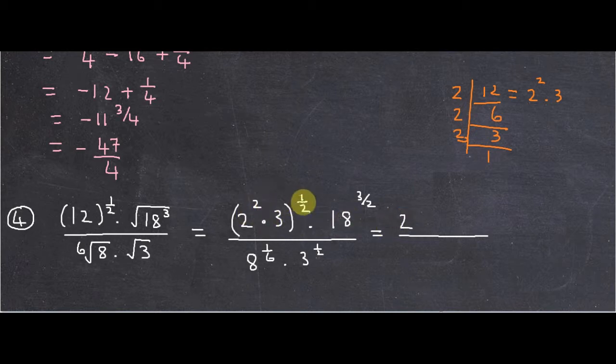So a half times 2 is 1, so it's just 2. And we have 3 to the half. We can also find the prime factors of 18. So we see that 18 is equal to 2 times 3 squared.